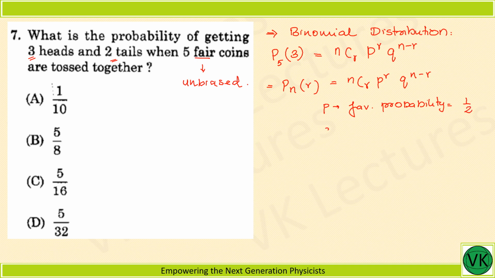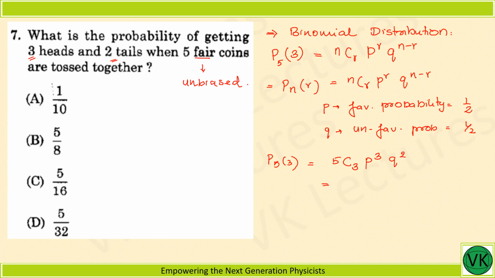Now q is the unfavorable probability, and that's equal to again half. Now substituting this, P5 of 3 is equal to 5C3, p to the power 3, q to the power n minus r, which is 2.